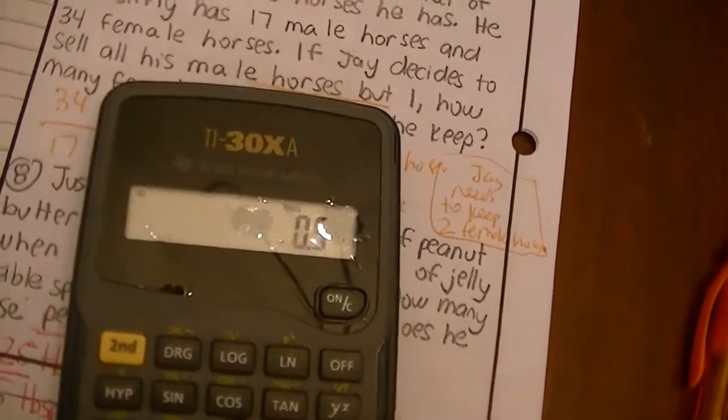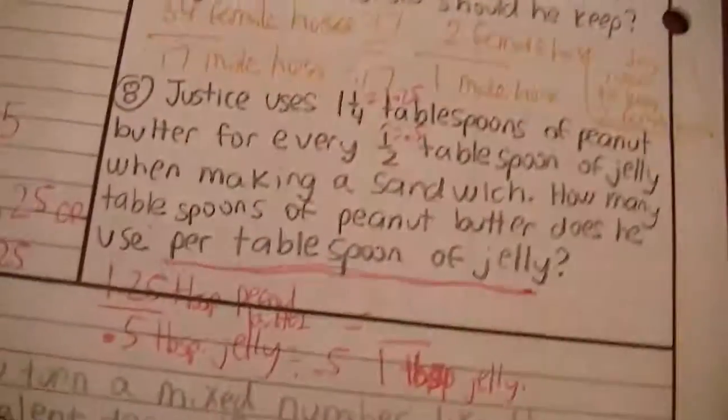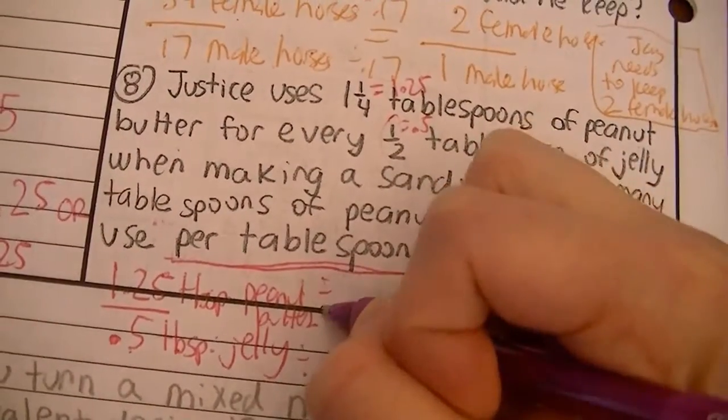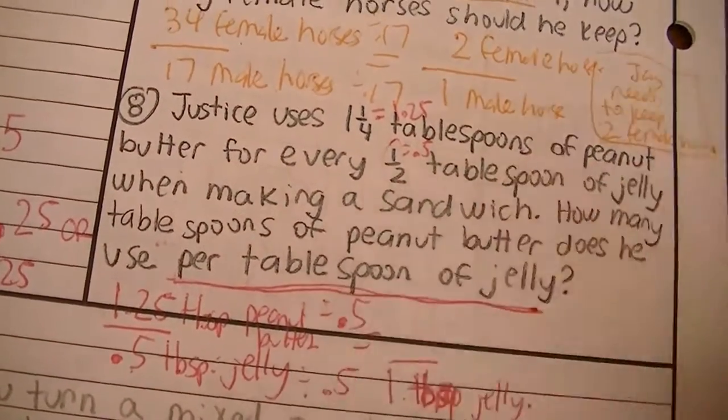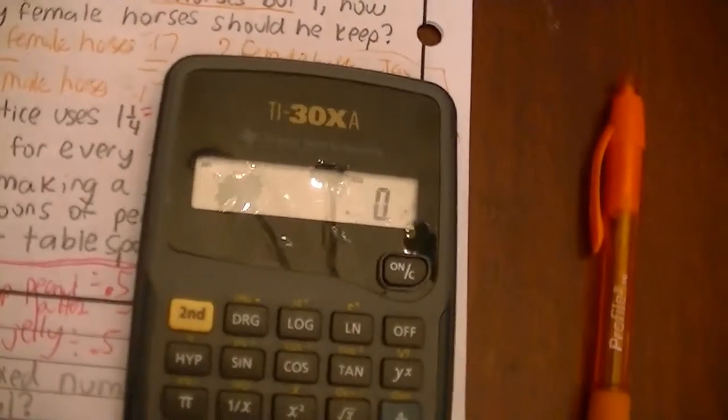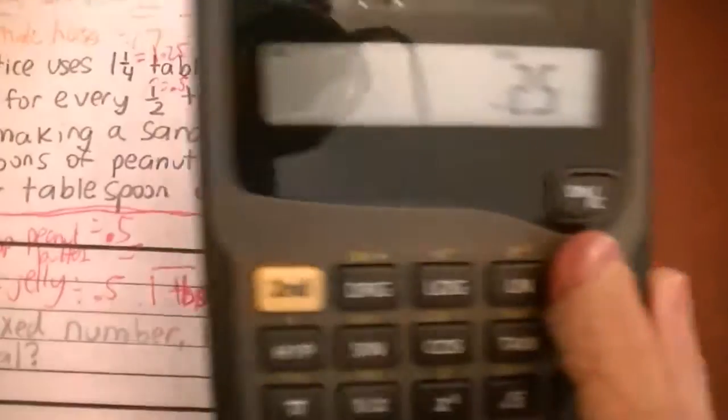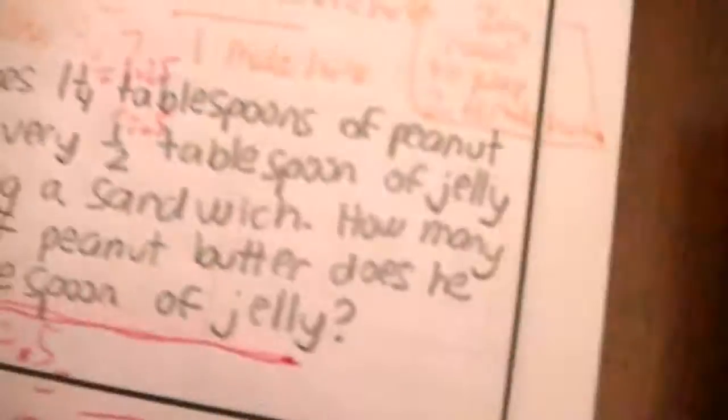So look, 5/10 divided by 5/10 is 1. See? Okay, and then 1 25/100ths divided by 5/10. Don't forget your decimal. Is 25/100ths. Sorry, my calculator has a weird thing right there. That's just a scratch. So it's 2 5/10.